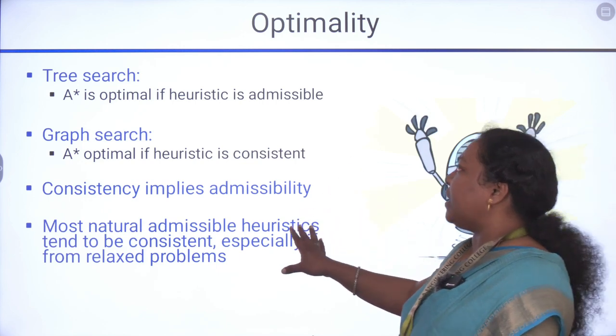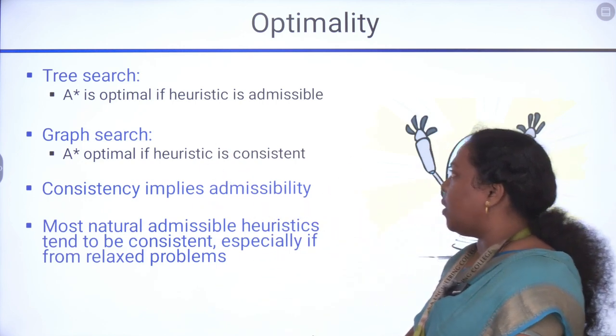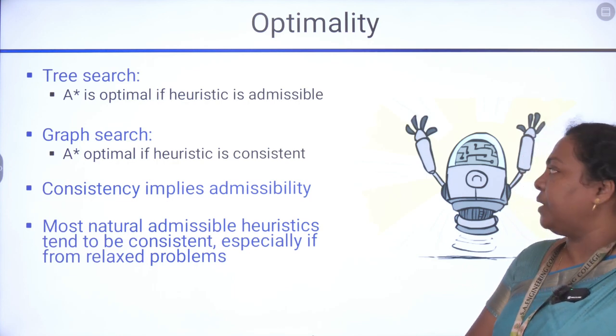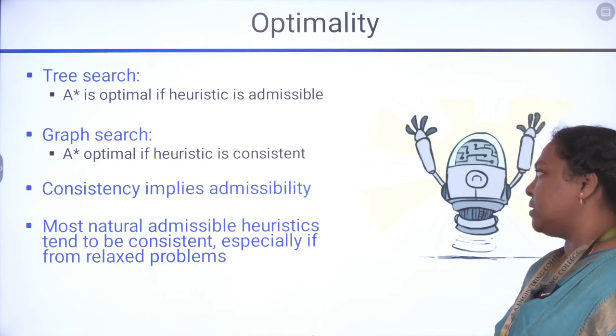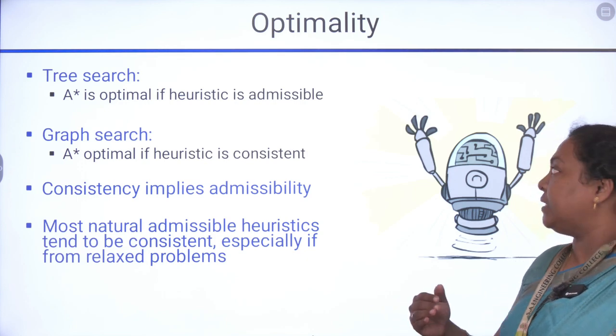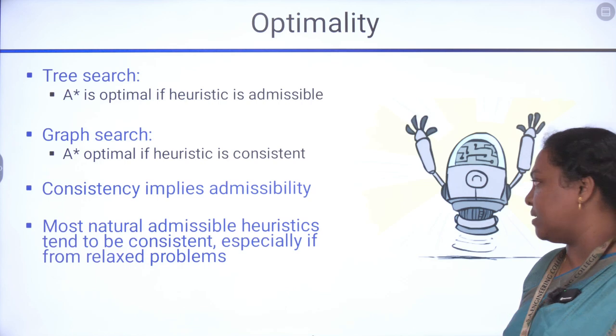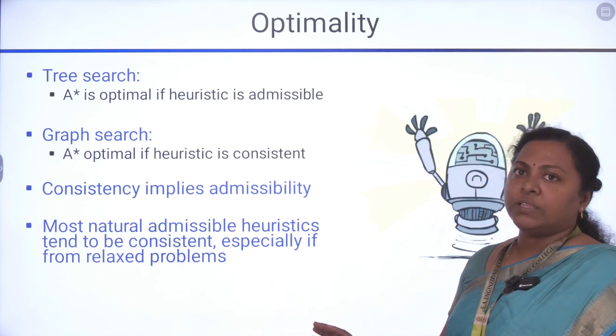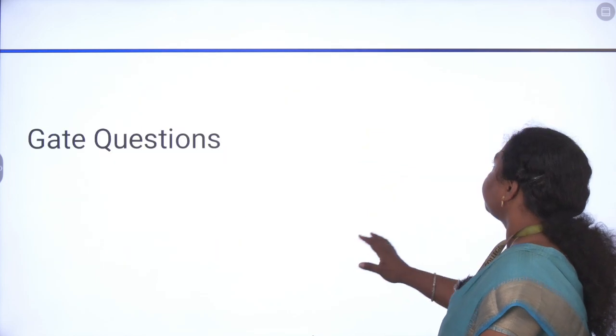So this is the summary. A star is optimal if the heuristic is admissible. A star is optimal if the heuristic is consistent. Consistency implies admissibility, but admissibility does not imply that it is always consistent. So it is very helpful in solving complex problems.